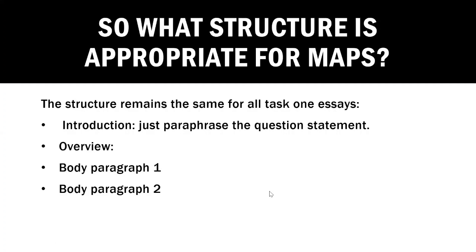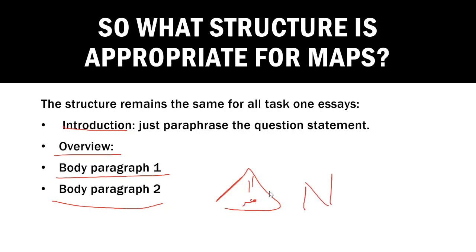So the structure for maps, I'm moving to the structures now. It's still the same for every academic writing task 1 that you've been doing. You have your introduction, you have your overview, you have your body paragraph 1 and body paragraph 2. And once again, for emphasis sake, no conclusion.